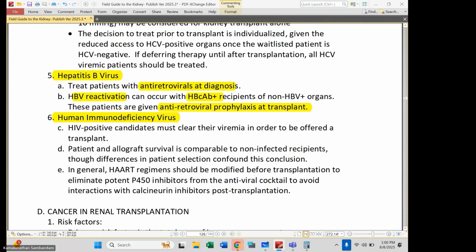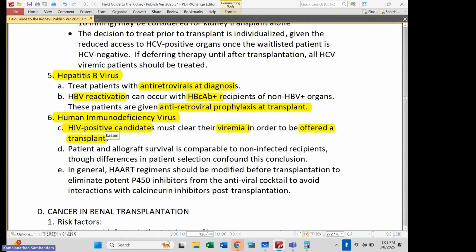All right. HIV patients is an evolving landscape. Candidates for transplantation must be non-viremic. So you have to have adequate HIV suppression in order to be a candidate for transplantation. And we used to never transplant HIV positive donor organs.